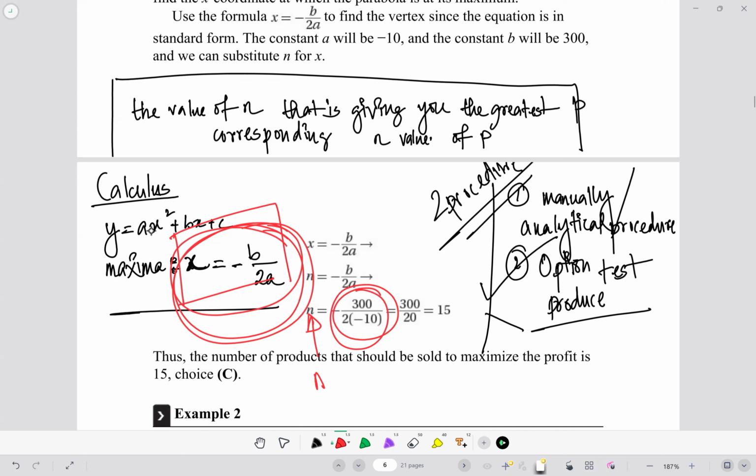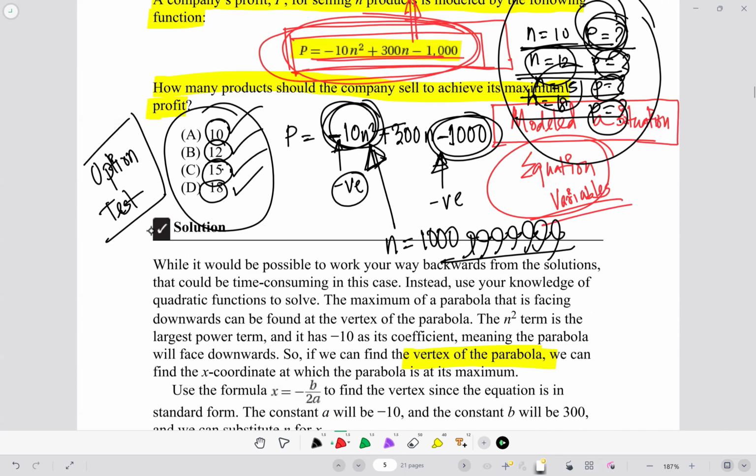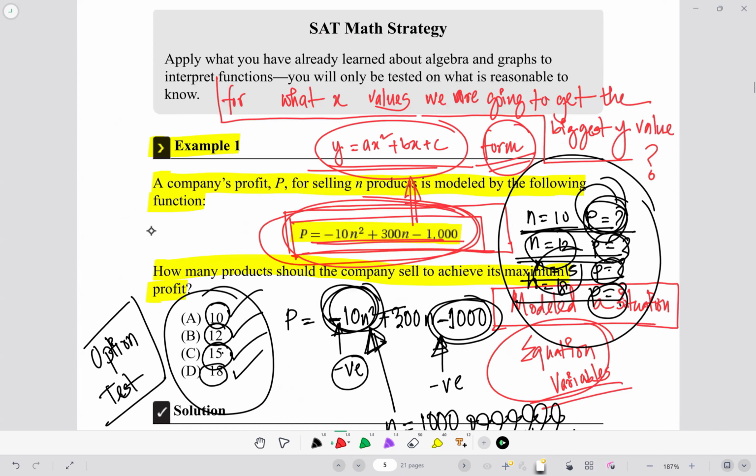Finding the value of n is equal to finding the value of x for y equals ax squared plus bx plus c, right? Because you are finding the n. This p is nothing but just the y, and this n is nothing but just the x.